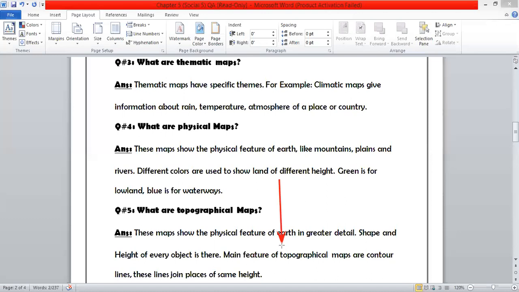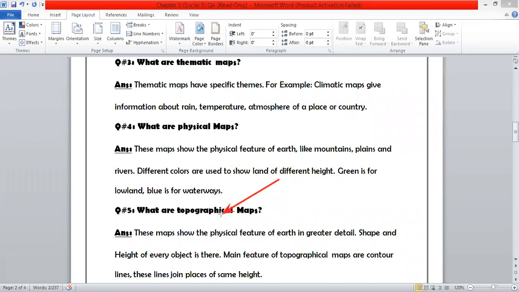The main feature which makes the topographical map different from the other maps is contour lines. The main feature of topographical map are contour lines. These lines join places of same height. So contour lines are the differentiating factor, or a unique factor, of a topographical map.